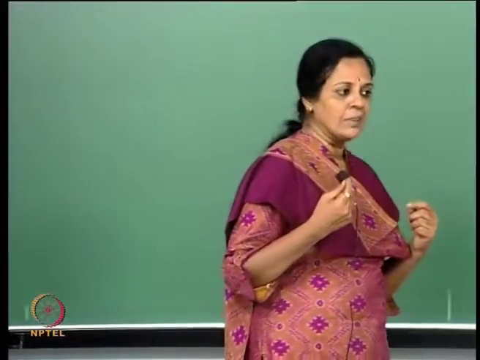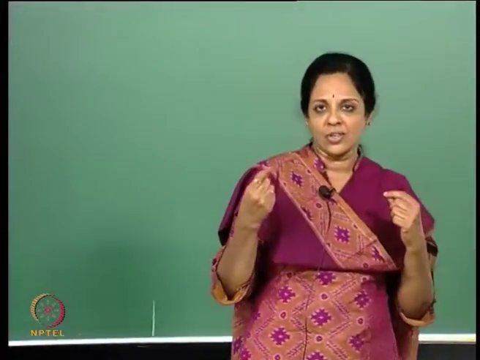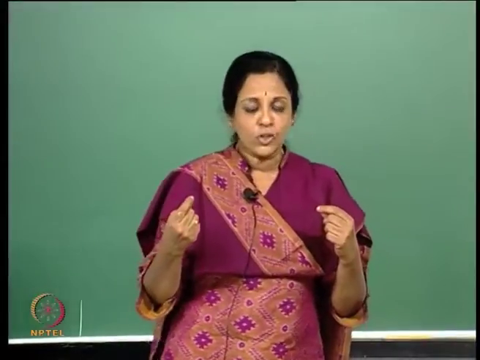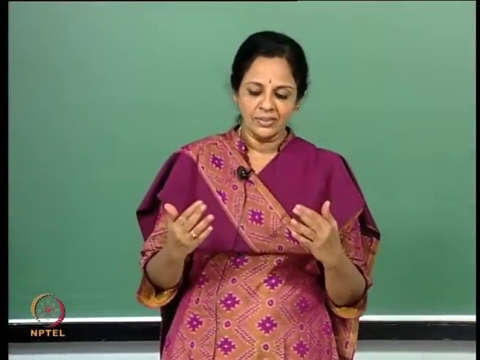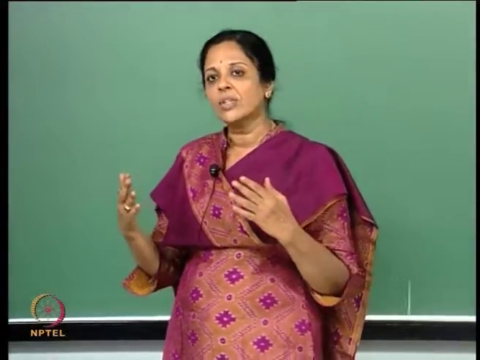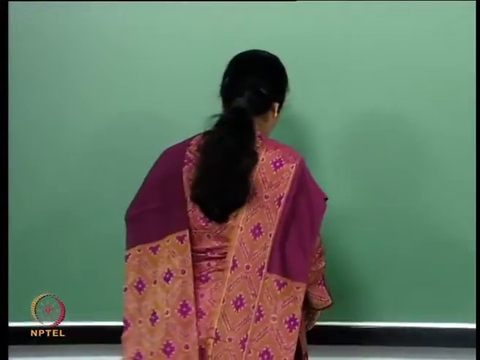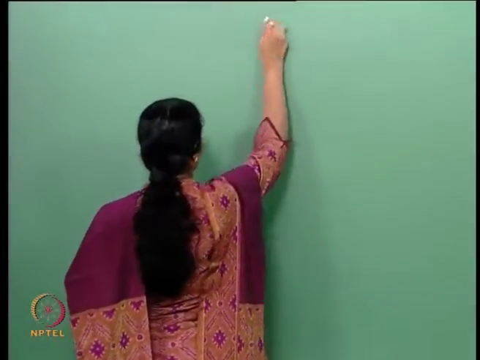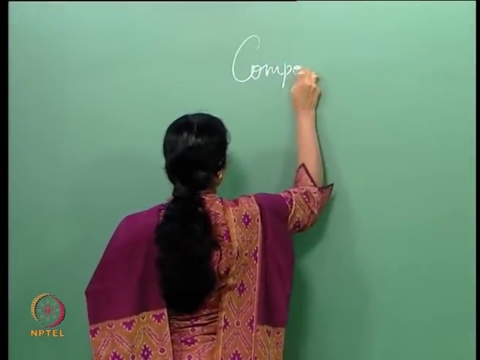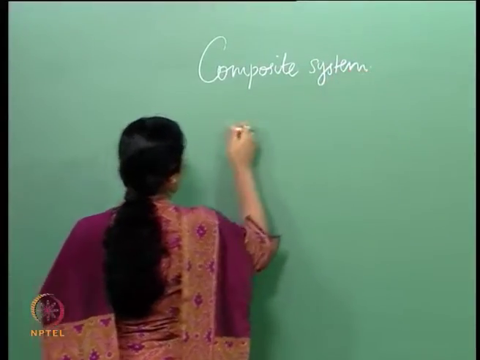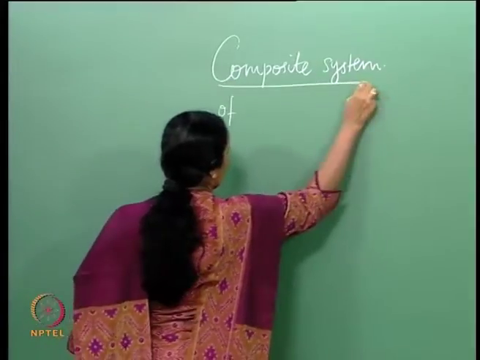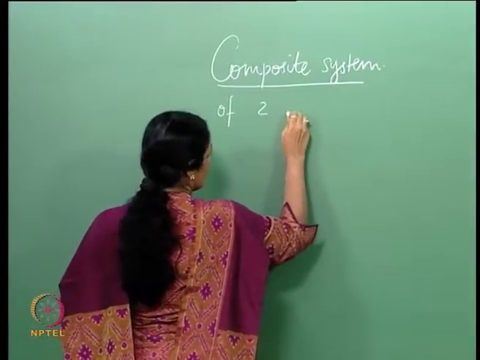Since we have already attempted the problem of the simple harmonic oscillator, it should be possible for us to now consider two such oscillators not interacting with each other, but we are interested in looking at the system as a whole. So, this is the composite system that I am going to consider. It is a composite system of two oscillators.